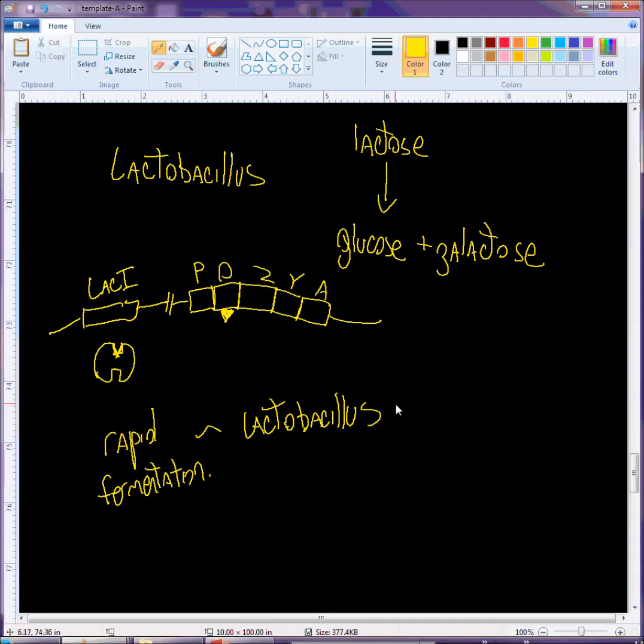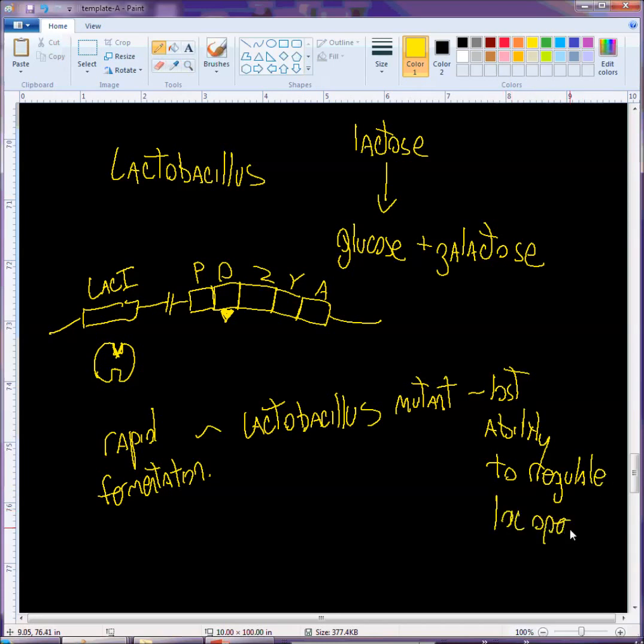A lactobacillus, let's call it a mutant. I don't like subspecies here. Lactobacillus mutant that lost ability to regulate lac-operon expression. Okay, cool.